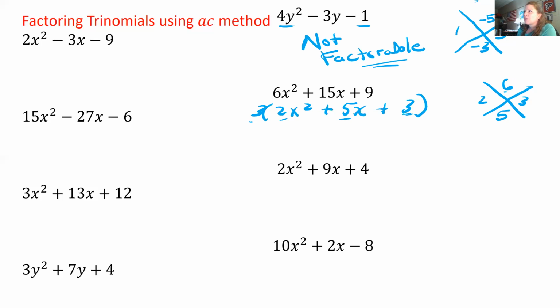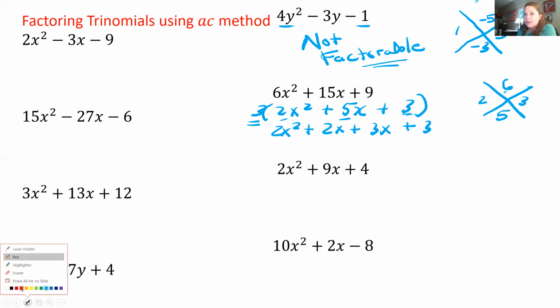All right, so we're going to ignore that 3 for a few minutes, but we're going to break down this trinomial, or I guess you could say, we're going to increase the number of terms. So now if we simplified this, we would get back the second line there. So now we're going to use our skills from factoring by grouping.